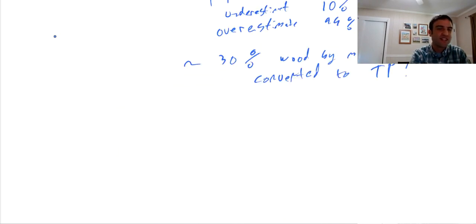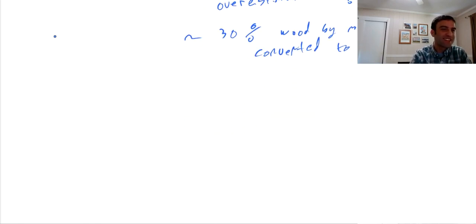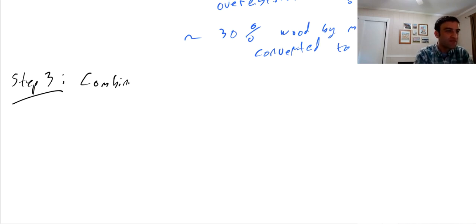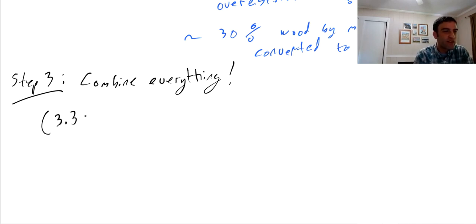Okay. So we've got all of the numbers that we need. So we're ready for step 3. Step 3, which was just combine everything. Combine everything with some enthusiasm. So let's do that. We started out and we said that there's about 3.3 times 10 to the 8 people in the United States.